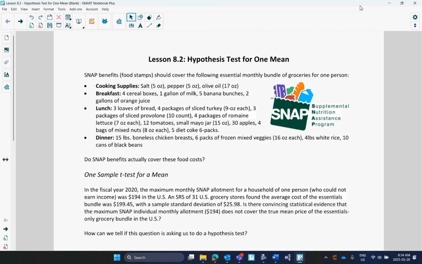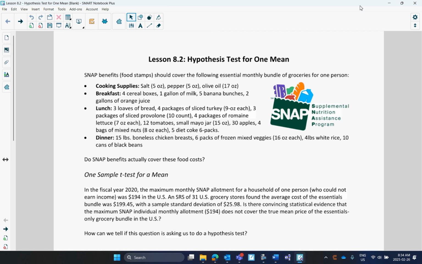And now we're going to look at how to do a hypothesis test for one mean, which is essentially the same, except again, remember, and you have to know this whenever you see questions, whether you're dealing with a mean or a proportion, because what we do is slightly different, and the notation is slightly different.